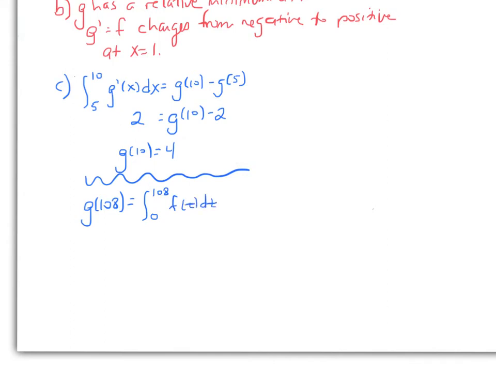Now, we know that our graph is periodic, so we can look at this as 0 to 105 plus 105 to 108. And we know that there are 21 cycles between 0 and 105, because 105 divided by 5 is 21.